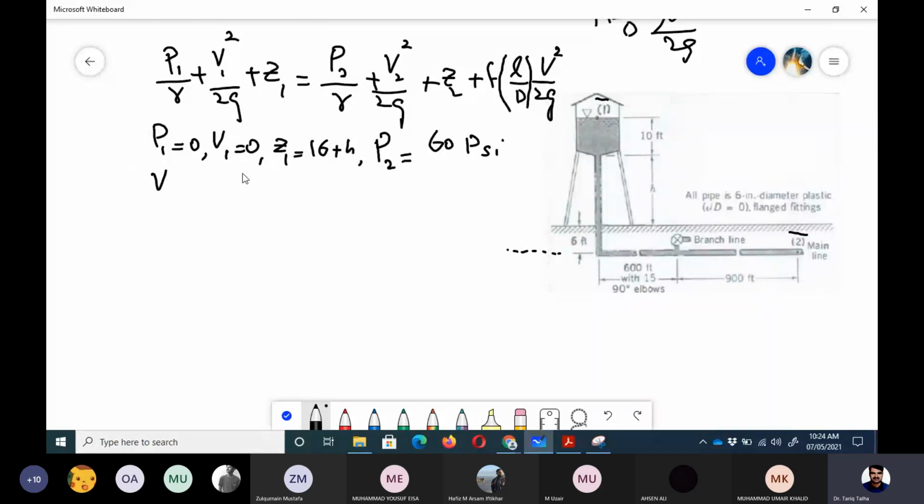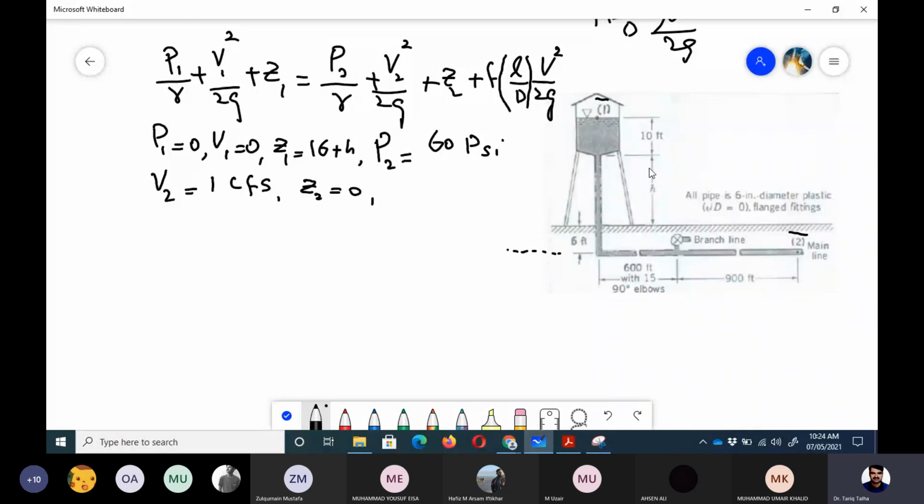We would design it at the maximum flow rate. Why is that? Because at the maximum flow rate, the dynamic head is maximum and the static head would be minimum. So it means that for V2 we would take a flow rate of one cubic feet per second, right? And then Z2 would be equal to 0 because that is the datum point, and then F we don't know.